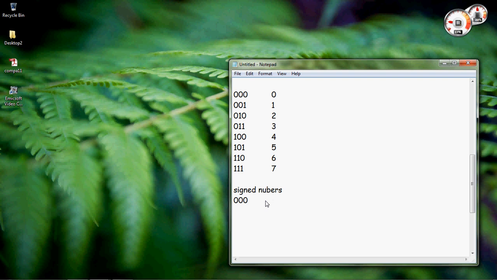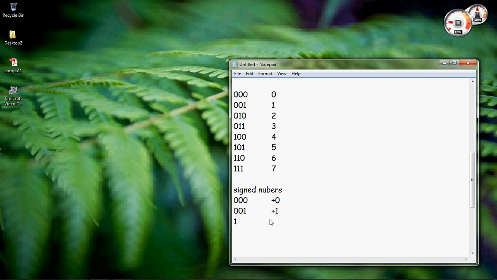If there is 0, then this is a positive number, and these two digits will represent the actual value of that number, which is 0. If the number is 001, then this 0 will represent the positive sign, and this 01 will give the number the value one.